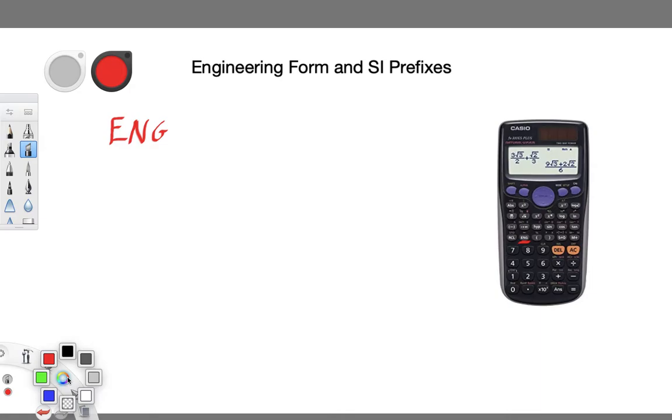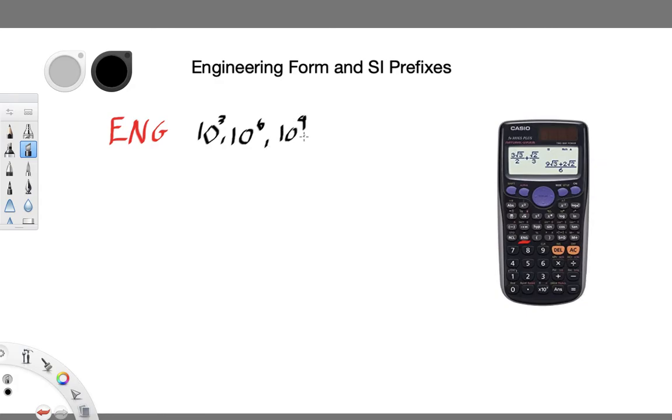What that means is it will convert big numbers that you type in to standard form, or close to standard form, where the power of 10 is a multiple of 3. So things like 10 cubed, 10 to the 6, 10 to the 9.